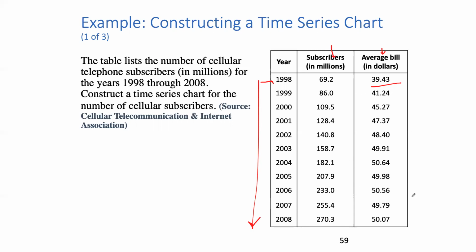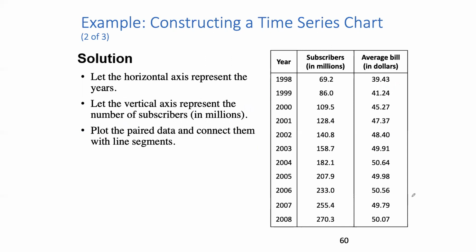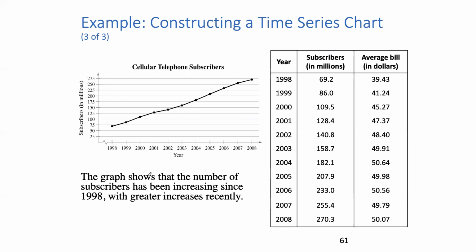And so that gives us an indication of how to graph these things. If I want to look at the evolution of cell phone subscribers over time, then I essentially look at how many cell phone subscribers there were in each year, right? In 1998, 69.2, and that forms my first point. 1999, 86 million.